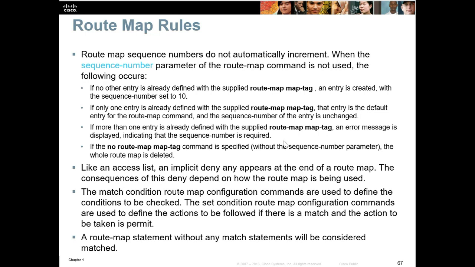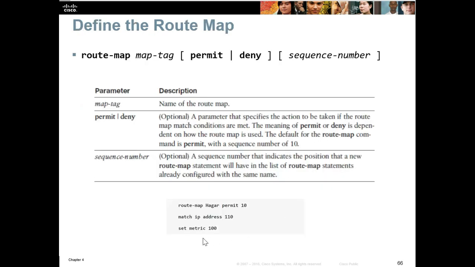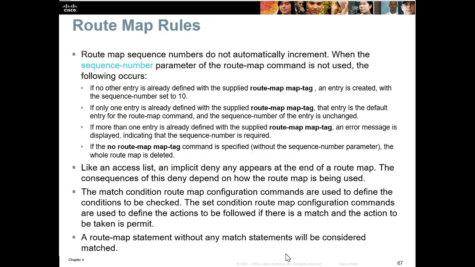So kalau dah ada masukkan yang ni, okay, route map Haga and permit 10, and then kamu masukkan match IP address 110, set metric 100, and then kamu guna lagi route map Haga deny, and then you don't use the sequence number, it will ask for a sequence number so that it knows where do we put this next statements.